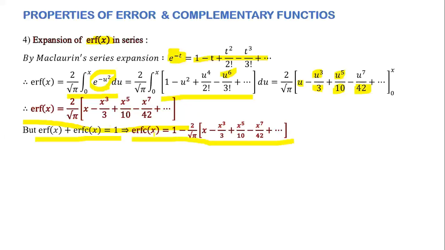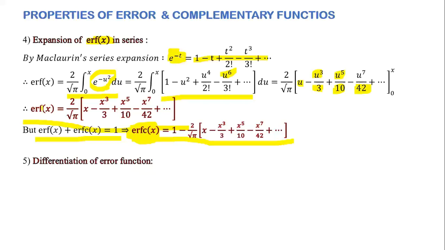So replace this error function of x by the corresponding series. This gives you the series expansion for complement error function, which is 1 minus the series expansion of error function. So now we have the series expansion for both functions, for error function of x and for complement error function of x. Now let's try the derivative.